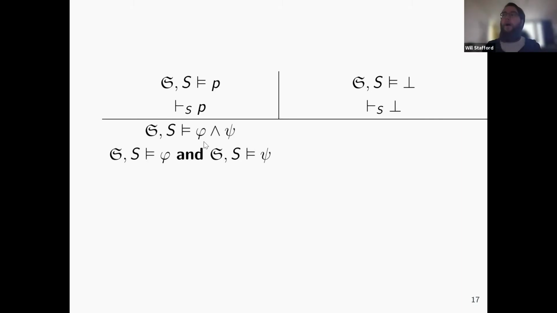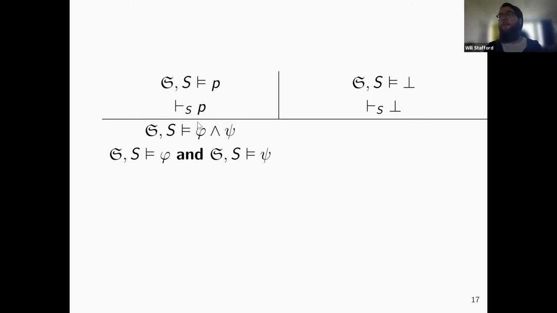Then say we're dealing with something like phi and psi. It's going to turn out that our condition for closed proofs, where we go and find some proof where we apply the introduction rules, means that we can treat this as being equivalent to us having a proof of phi and having a proof of psi, right?